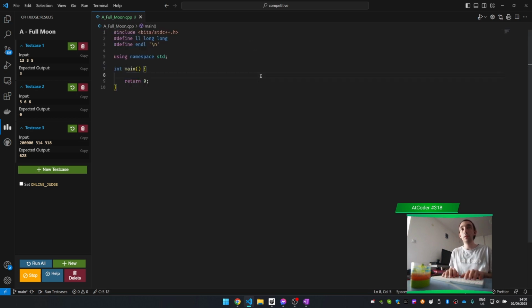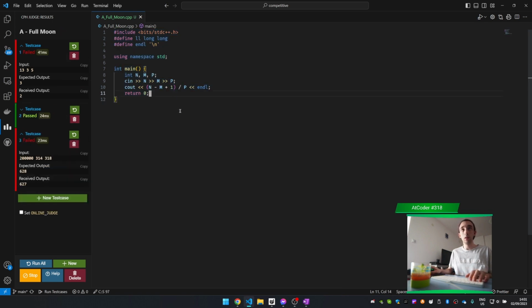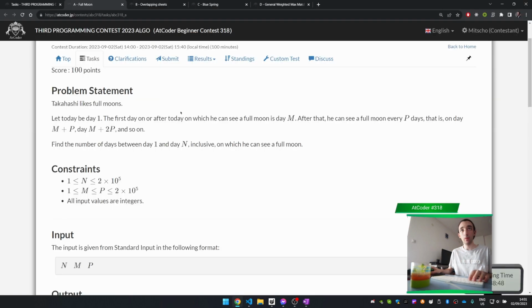So it is N, M, and P. N minus M plus 1 divided by P. I think that's the formula. Minus M is like, wait.